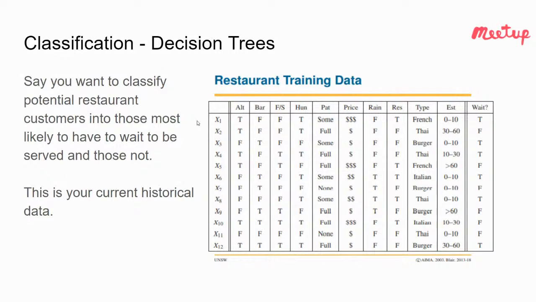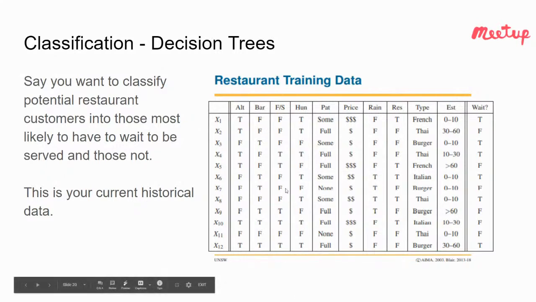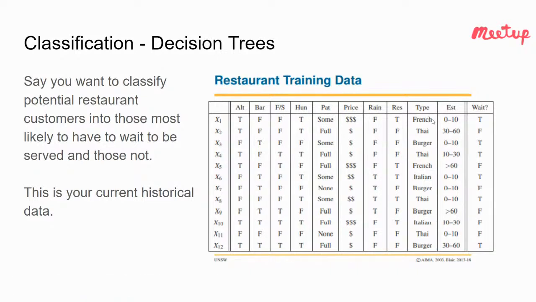So what you have is some data set, some table with a load of inputs that are categories that can be categorized, and then you have a wait time. So here the question is, do you have to wait if you fit these parameters? If you're one of these examples, are you likely to have to wait to be served or not?